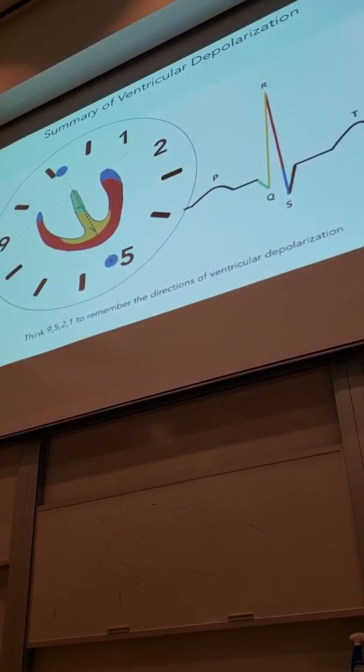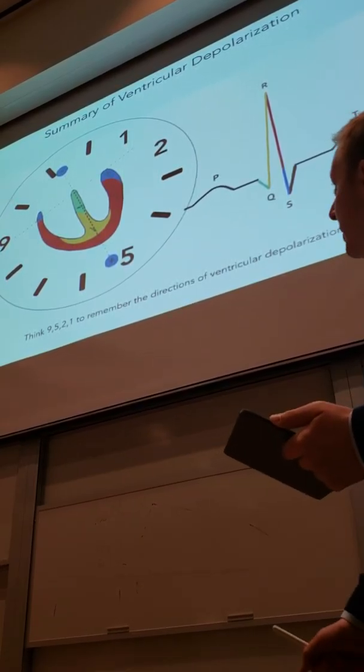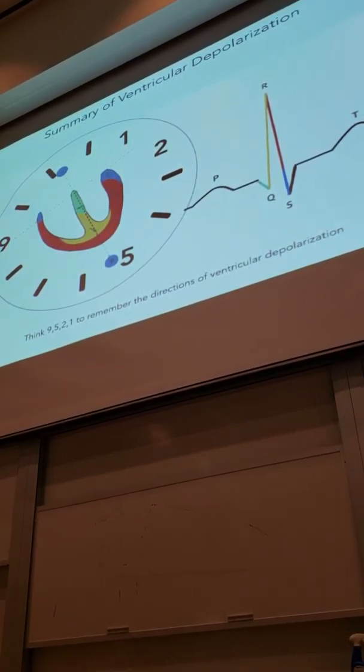Yellow part, right? We're moving strongly towards the positive. That gives us the big rise from Q to R. Next one's a little bit tricky. See the vector there for the red part? It's headed towards the 2. What's happening here?